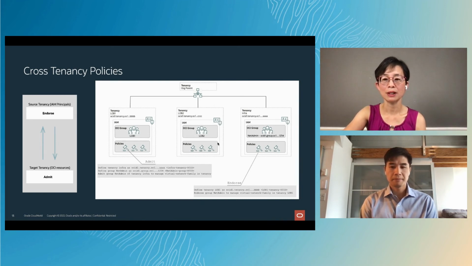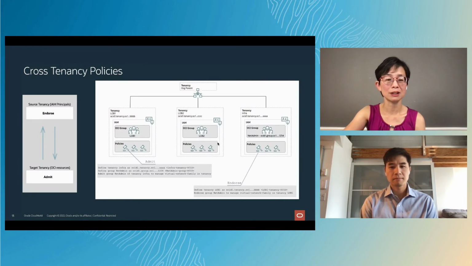And if you remember we stated previously, there are no inherent permissions from the parent to any child tenancies, and each tenancy's IAM operates completely independently. So to enable this kind of remote tenancy access, we can use cross-tenancy policies.